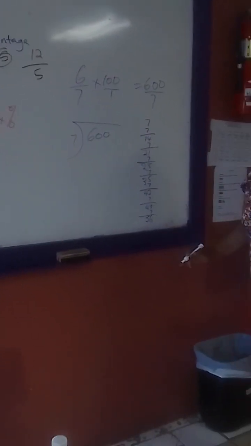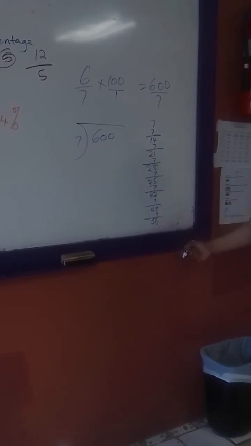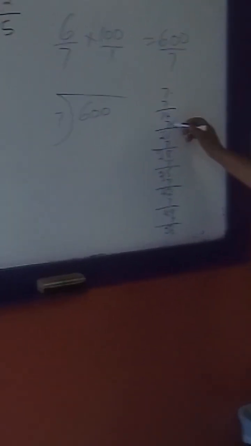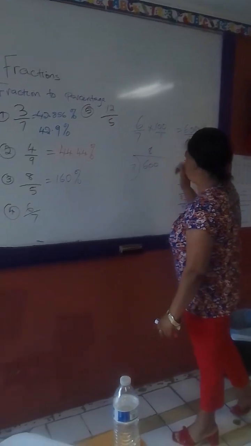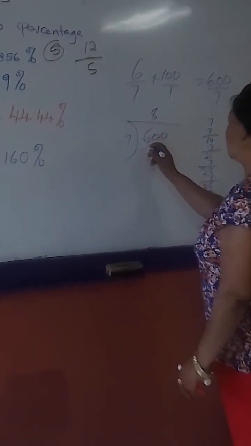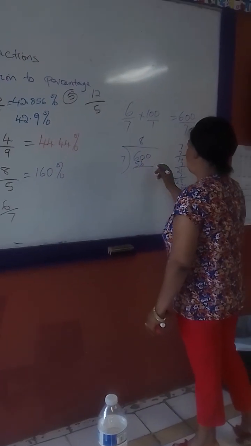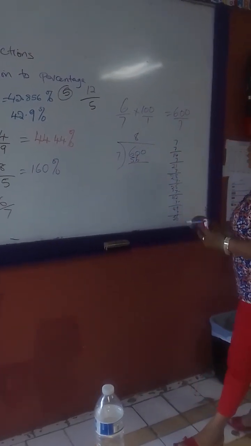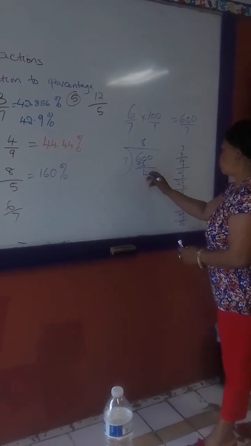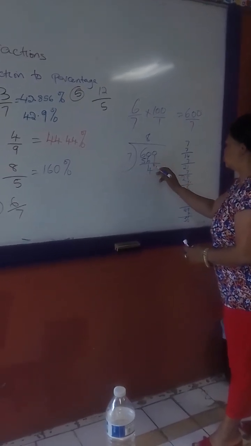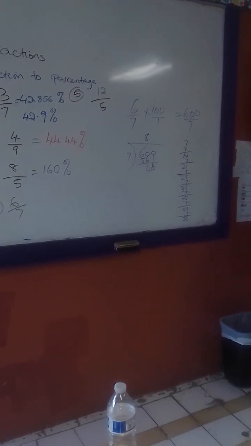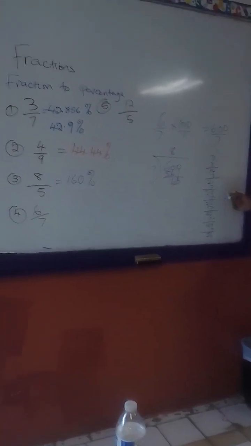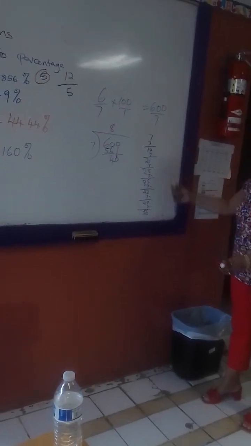How many times did I use 7 to get to 56? 1, 2, 3, 4, 5, 6, 7, 8 times. Okay, so 8 times 7 gave me 56. And I'm left with 60 take away 56, so I'm left with 4. I have this 0 to bring down. So this time I have 7 into 40, and where should I stop?